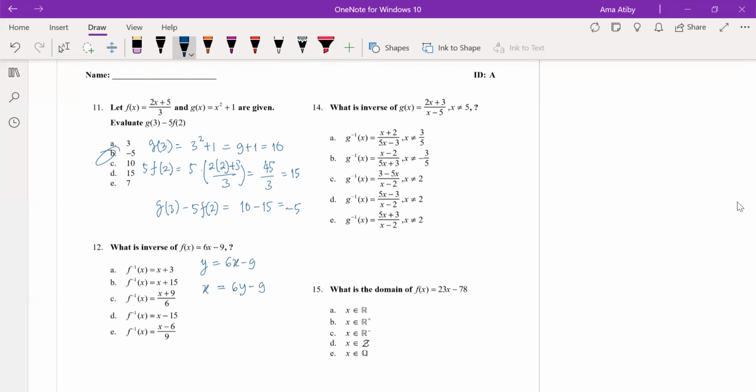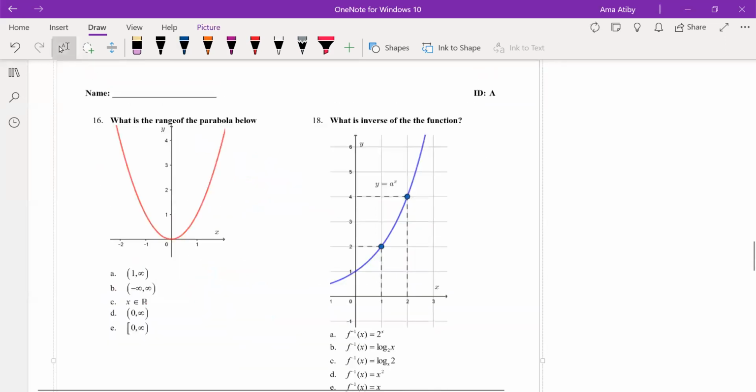And now you are solving for y, so you will get x plus 9 equals to 6y, and therefore y is equals to x plus 9 over 6. So you can check out from here. So it is C. Be careful with the sign of positive and negative.